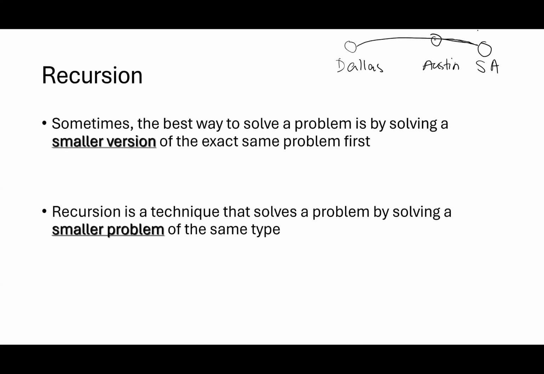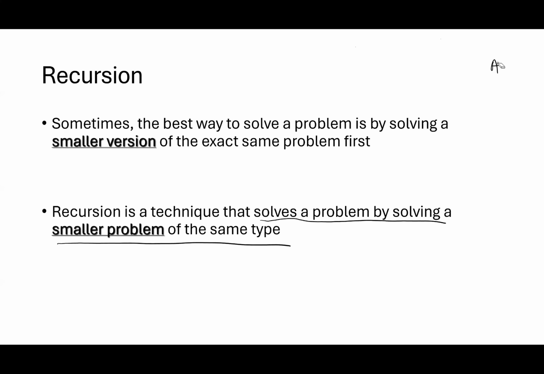And then you can combine them and get your whole solution, right? So recursion is a technique that solves the problem by solving a smaller problem of the same type. You break down your problem into smaller ones and then solve the exact same problem on the smaller set and combine them and then get the result for the bigger one.